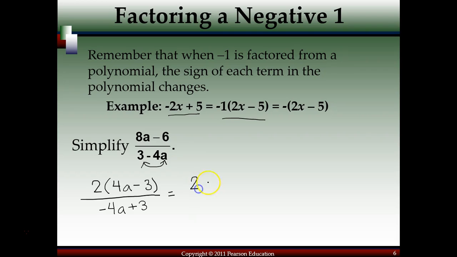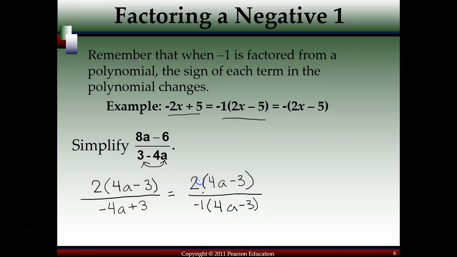So 2 times 4a minus 3 over, now factoring out a negative 1, gives us 4a minus 3.